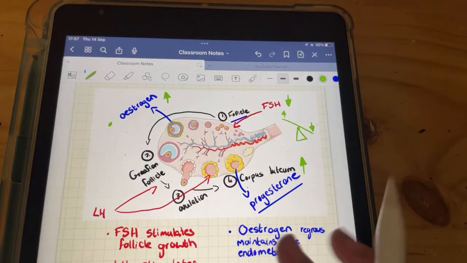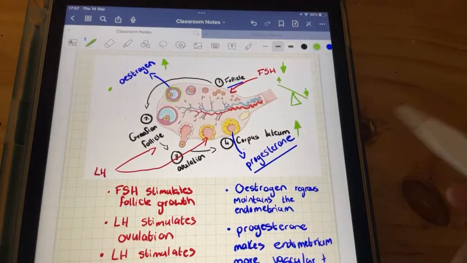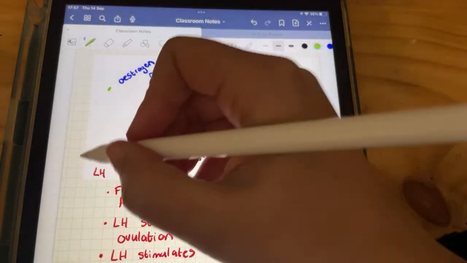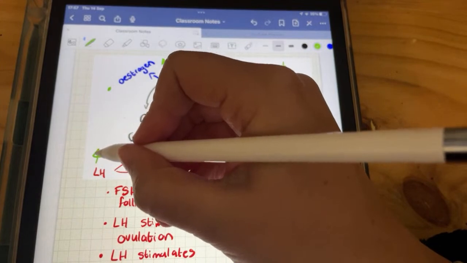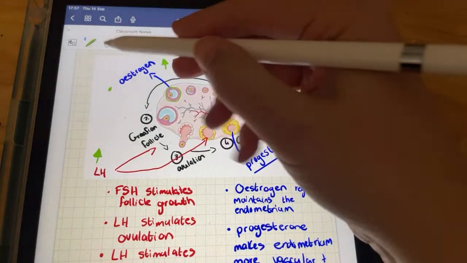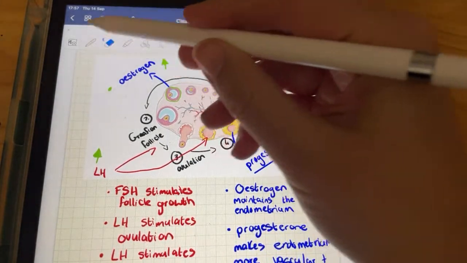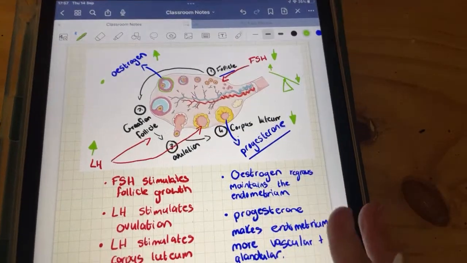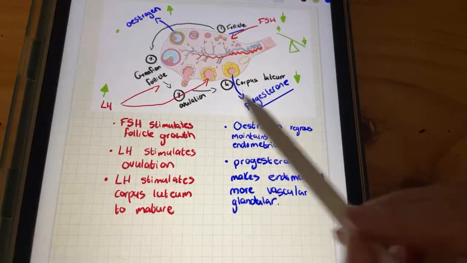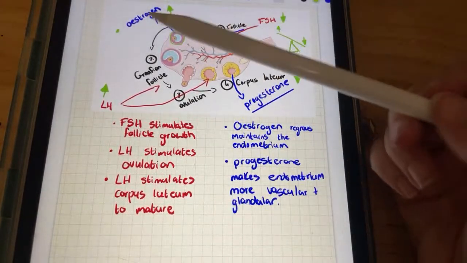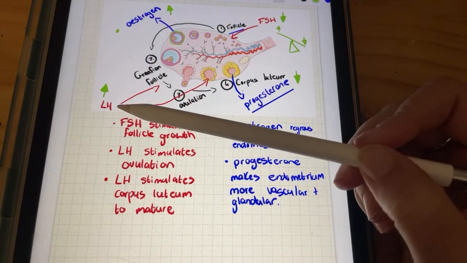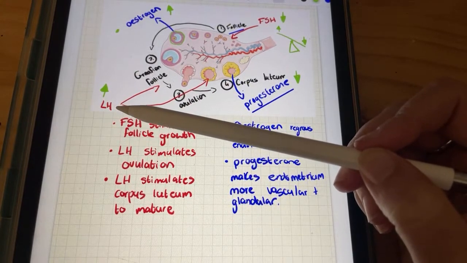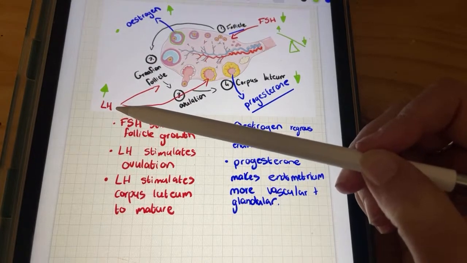Now let's talk about luteinizing hormone. Luteinizing hormone is only able to go up when progesterone is low. Now, why does this make sense? Okay, why do they have negative feedback with each other? Luteinizing hormone is the hormone that is responsible for ovulation. If you are ovulating, you are not pregnant.